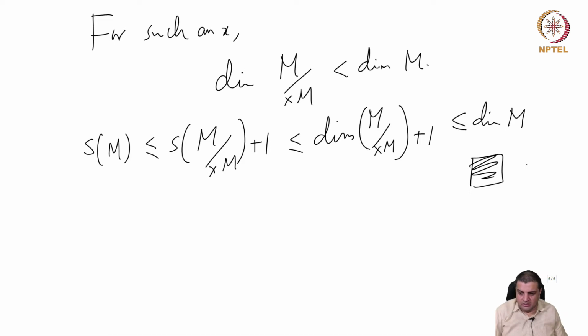So this proves the theorem, and now we want to draw some corollaries of this theorem. Remember, we have to do all these things to understand the dimension theory of Noetherian rings. We got motivated into this because we wanted to understand the dimension of a polynomial ring in one variable, or in finitely many variables, over a field.